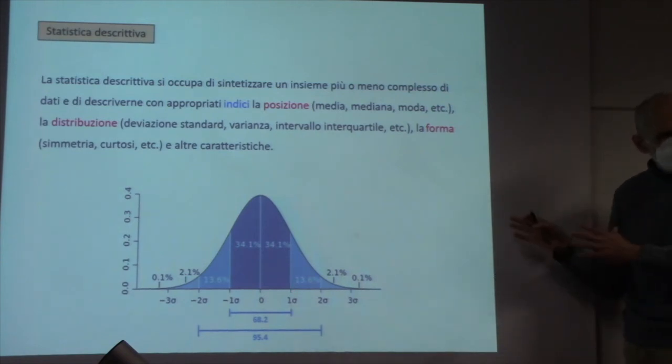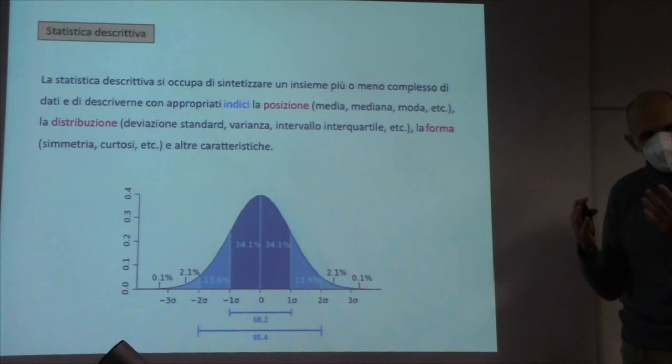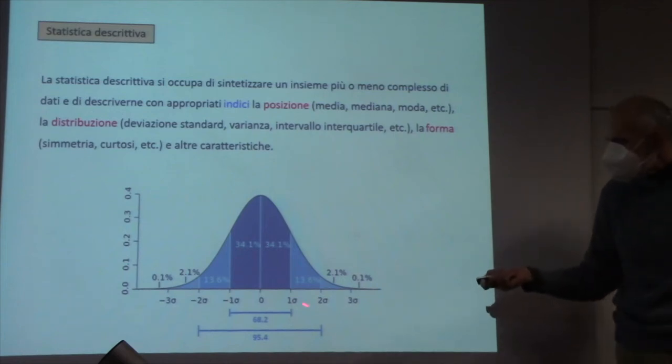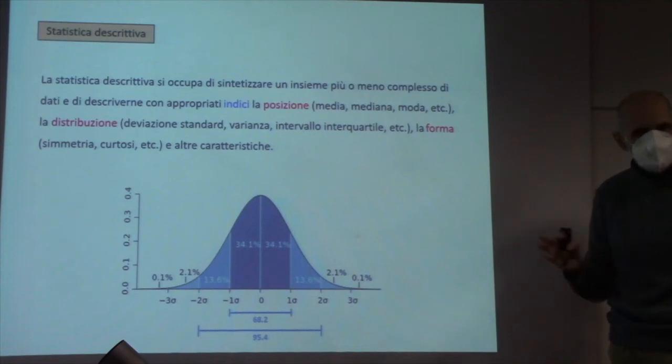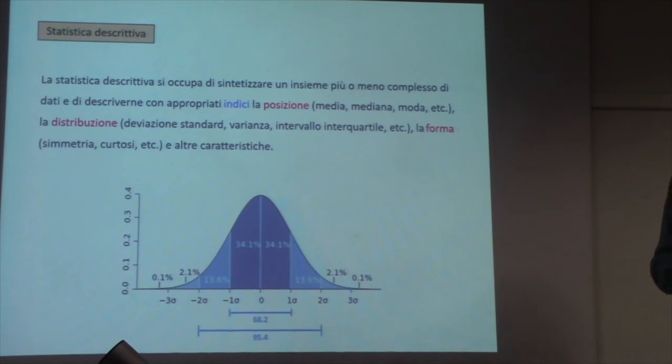Poi ci sono metodi statistici più rigorosi, che vedremo in statistica inferenziale, per determinare se le differenze sono valide, sono statisticamente significative o meno. Però avere conoscenza di cosa rappresenta una deviazione standard vi aiuta ad avere una intuizione del significato dei vostri dati.